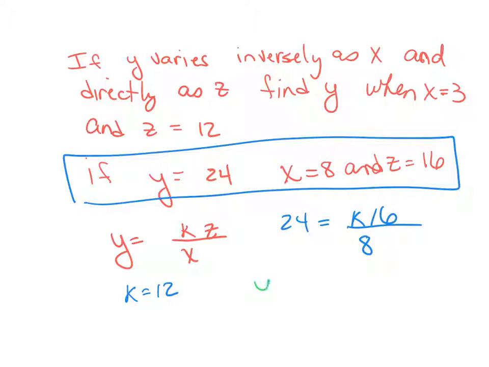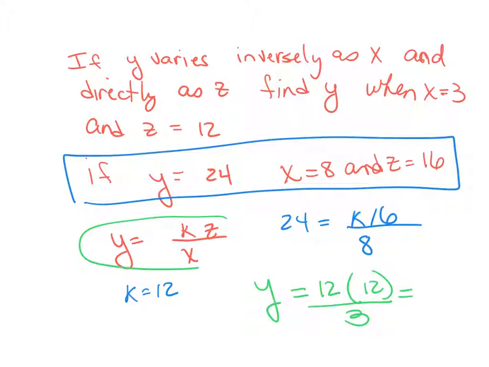Now I can do y equals 12 times z, which is 12, divided by 3. Why is it that way? Because we're looking at this right here. The k goes upstairs, the z goes upstairs, but the 3 goes downstairs. So that is 48.